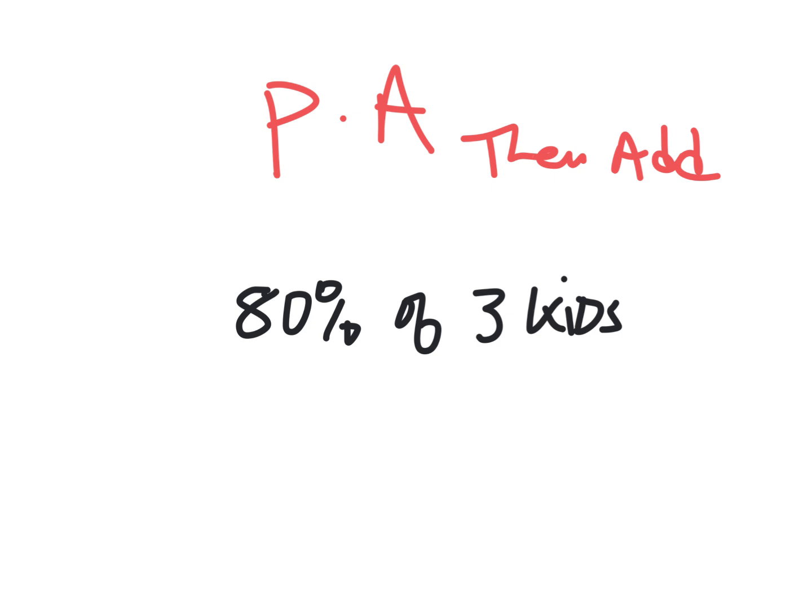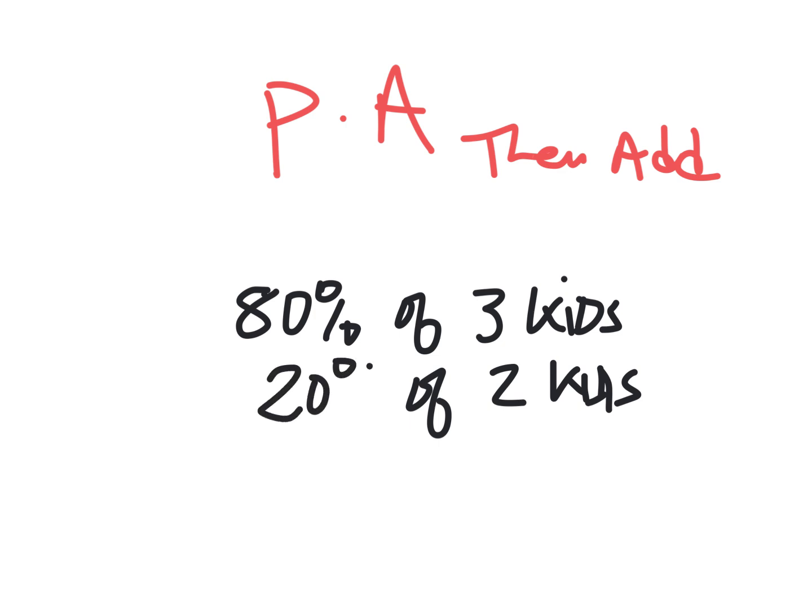Then you tell me, if they're not going to have 4 kids, they ruled that out. We're not having 4 kids, but we might have 3 kids. Then what's their probability of having 2 kids? This is not a super hard question. 20. So there's a 20% chance they're going to stay with 2 kids.